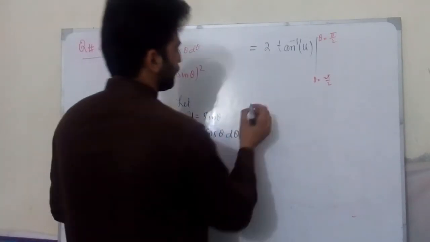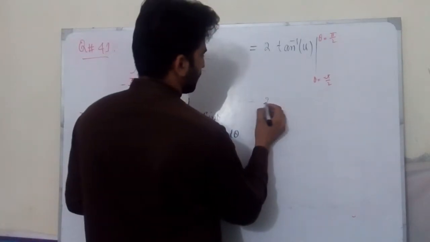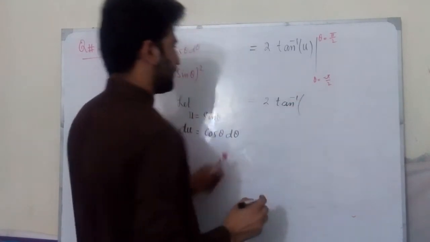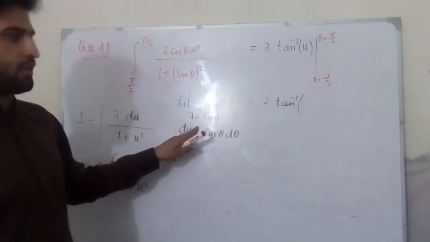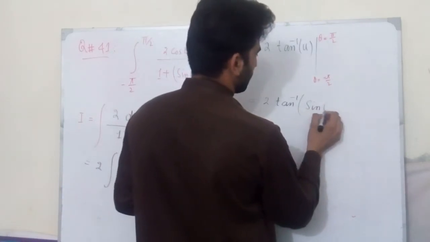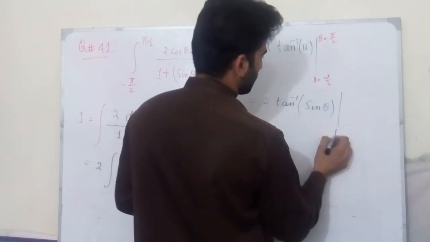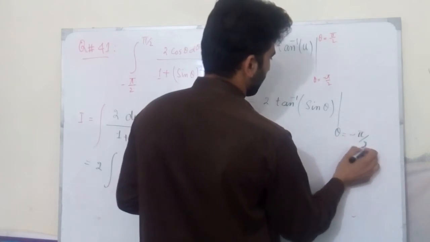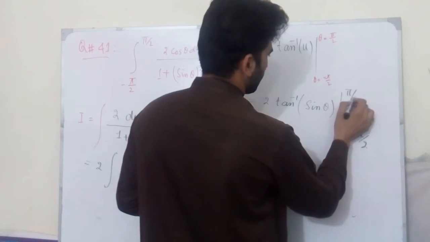So now put the value of u. u equals sine theta, so put the value of sine theta over here. And what is the limit of theta? Minus pi by 2 to pi by 2.